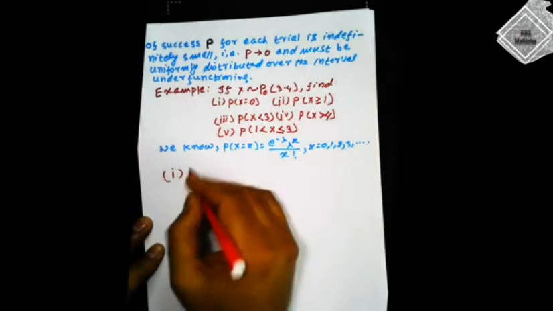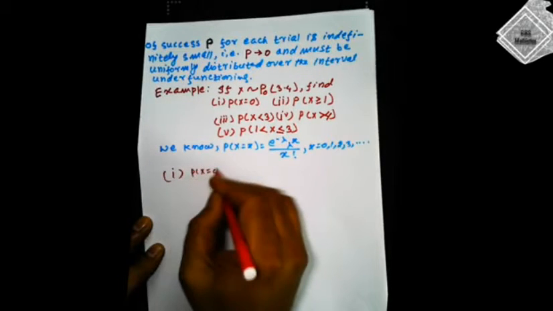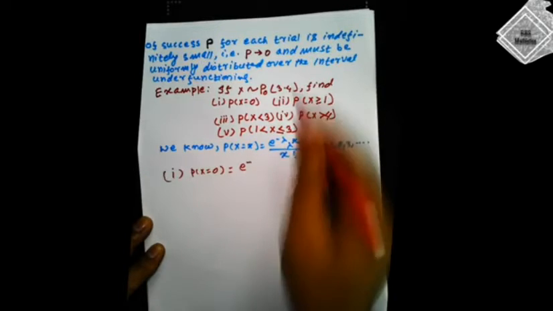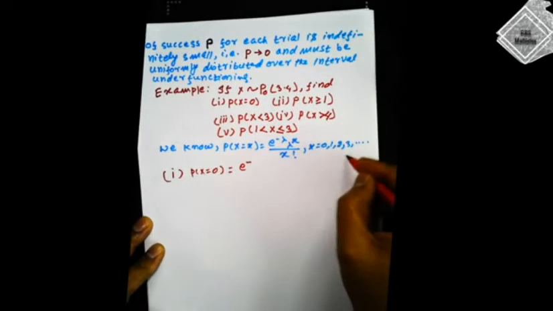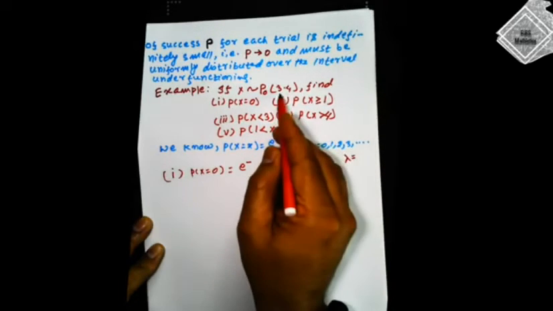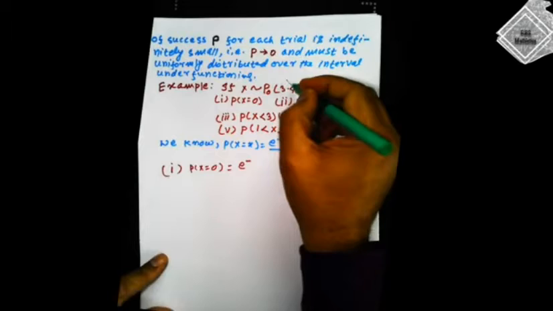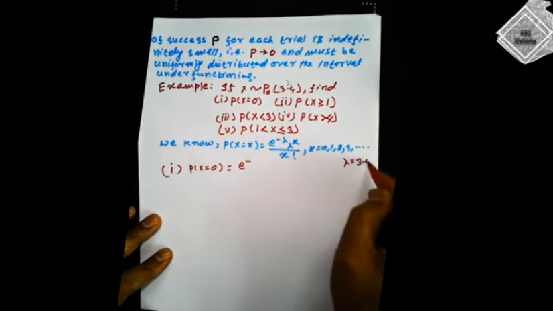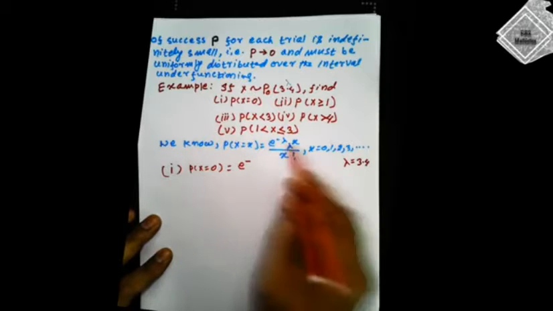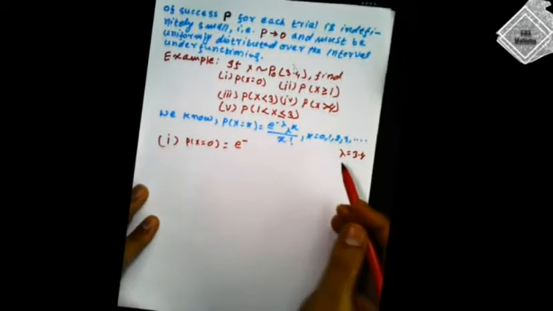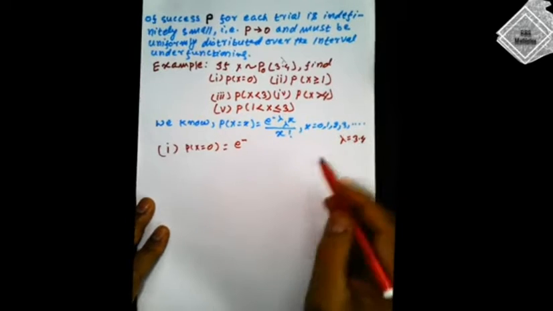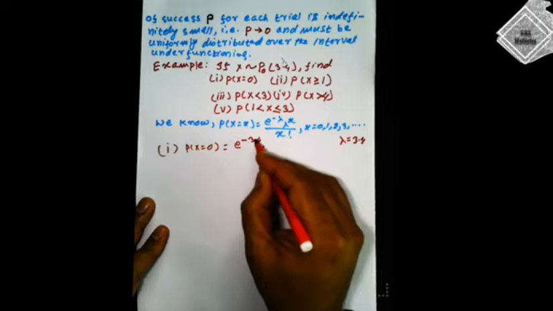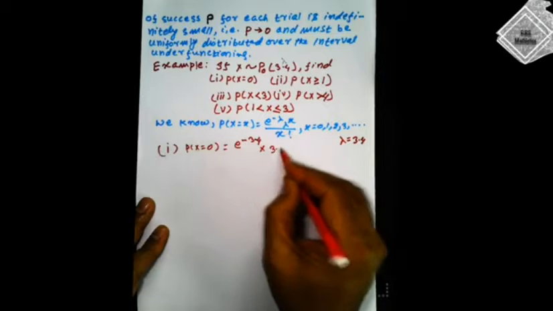So if I start with P(X = 0), then I use the formula, e to the power negative lambda. In this case, you can see this is the place for lambda, and hence the lambda value is 3.4. So we put lambda equals 3.4, and then times lambda again, so it is 3.4 to the power x.